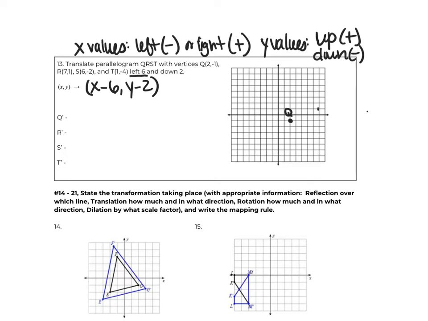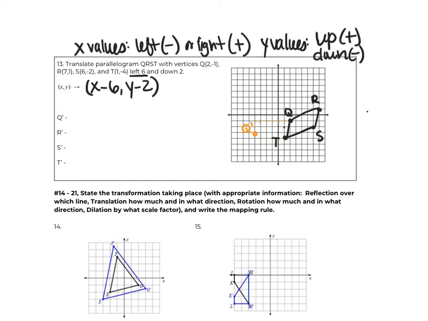So 7, 1 is R, 6, negative 2 is S, and 1, negative 4 is T. It does look like a parallelogram, even though my line's a little crooked there. So I'm going to take each point, I'm going to go left 6 and down 2. So Q, I would go 1, 2, 3, 4, 5, 6, and now down 2, 1, 2. So that would be Q prime.